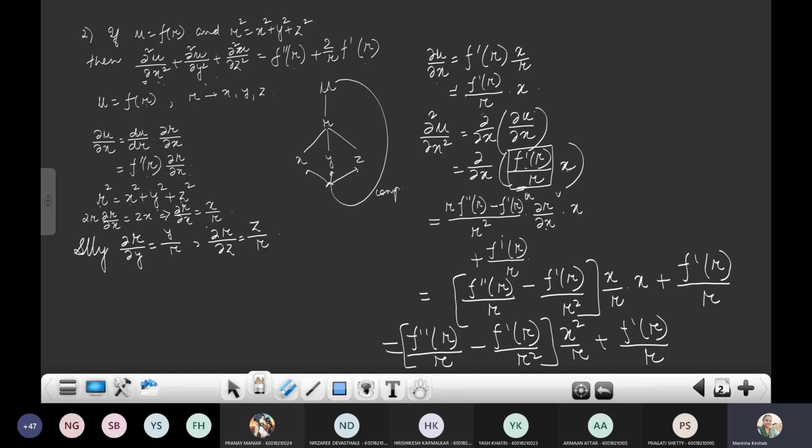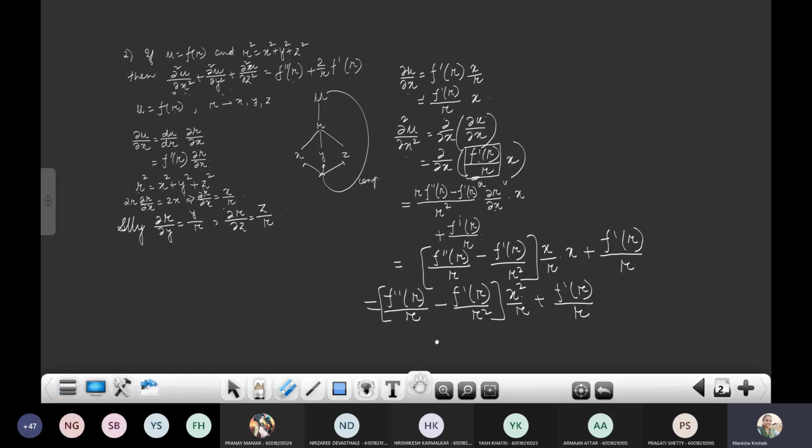So you can see in del square u del x square, only one term is in terms of x, and the rest are all in terms of r. That means if we do del square u del y square, then only x will be replaced by y, and the remaining terms we will get as they are.